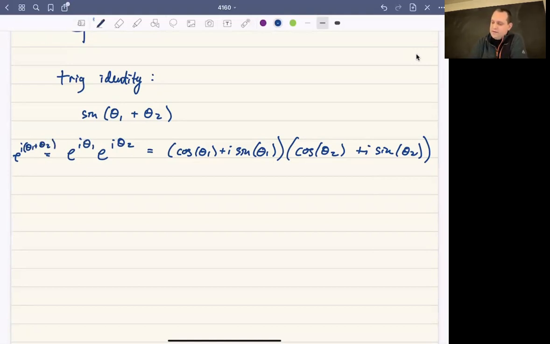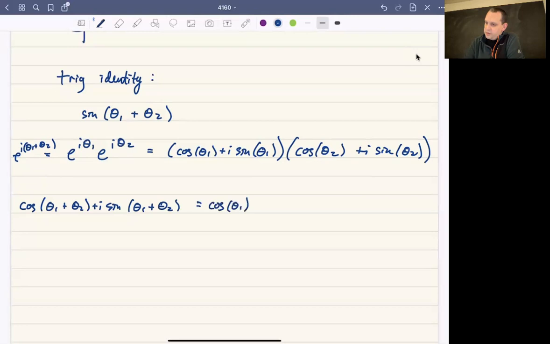If you look at the left piece, you have cosine of theta 1 plus theta 2 plus i sine of theta 1 plus theta 2. That's equal to the expression on the right side, where we just multiply these two complex numbers in the usual way. We get cosine of theta 1 cosine of theta 2 minus sine of theta 1 sine of theta 2.